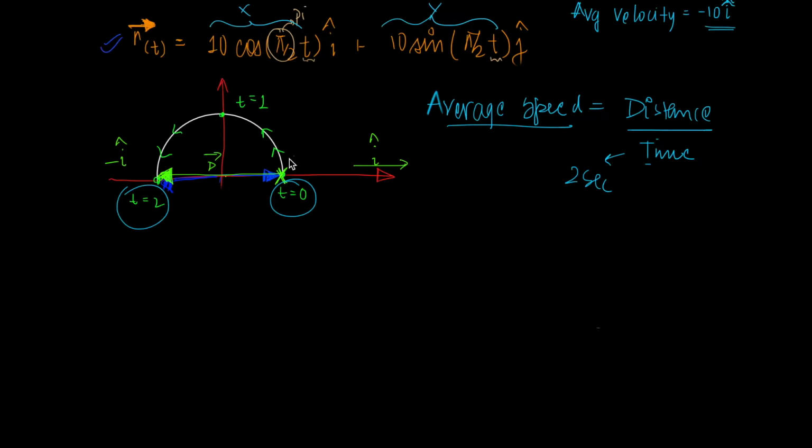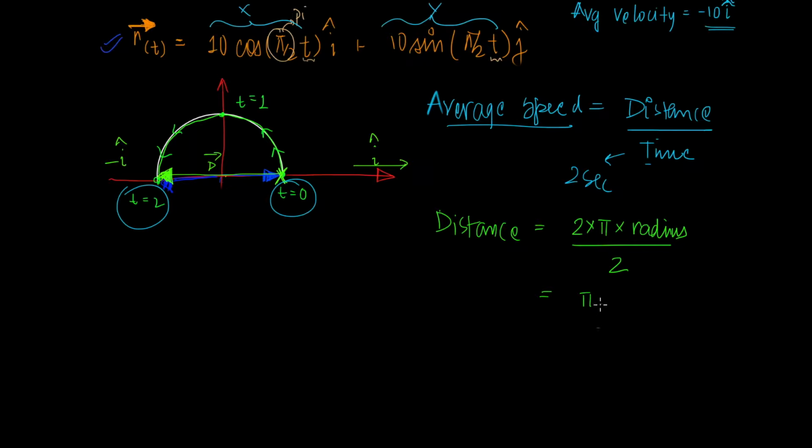Therefore, the distance would be the length of the circumference of the semicircle. So the perimeter of this semicircle would be the length of the arc, and that would be 2 times pi times the radius divided by 2, because we're only considering half of the circumference of the entire circle.